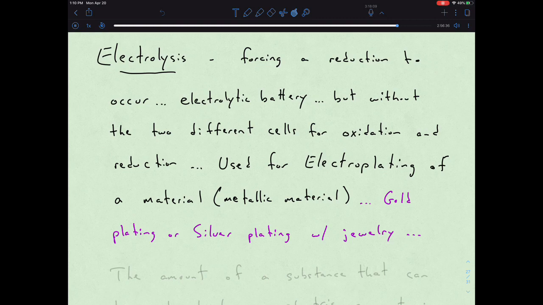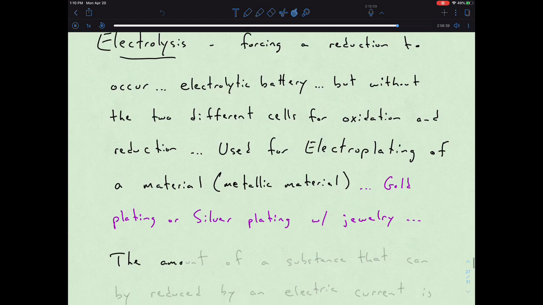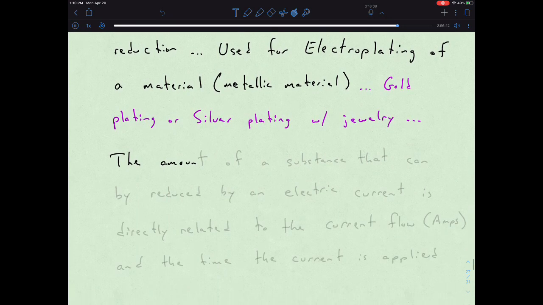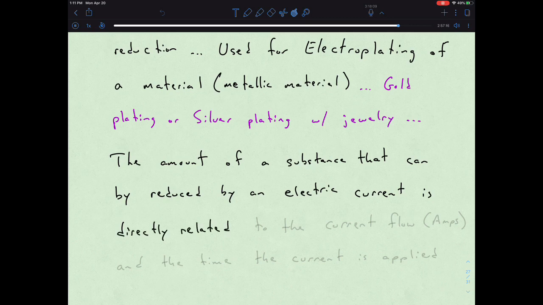And so basically, with this idea of electroplating within electrolysis, the amount of a substance that can be reduced by an electrical current is basically directly related to the current flow.